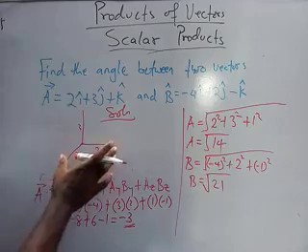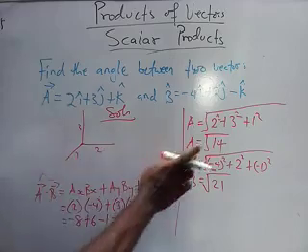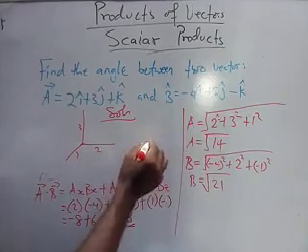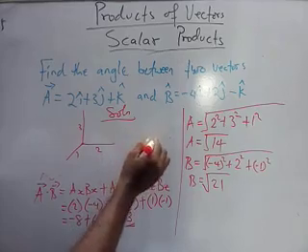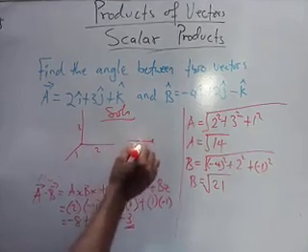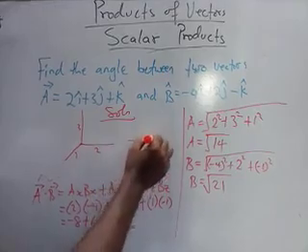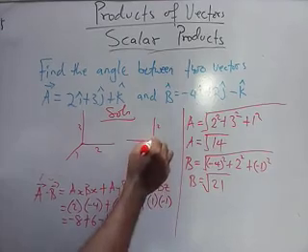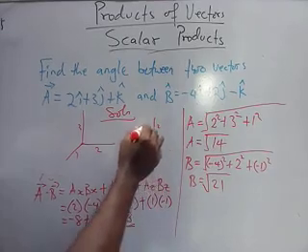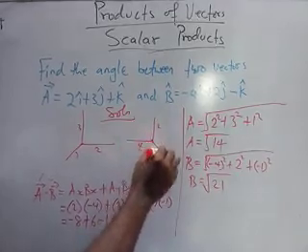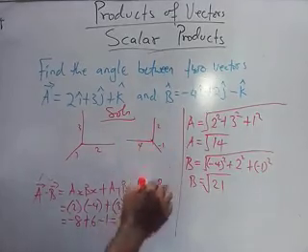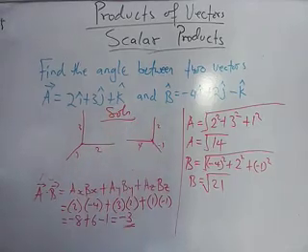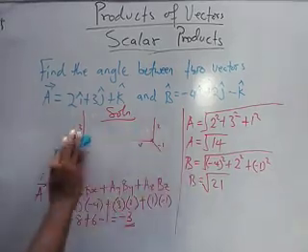So getting the resultant is what gave us this. B also started here, negative 4, 2, minus 1. So getting the resultant is why we go ahead.